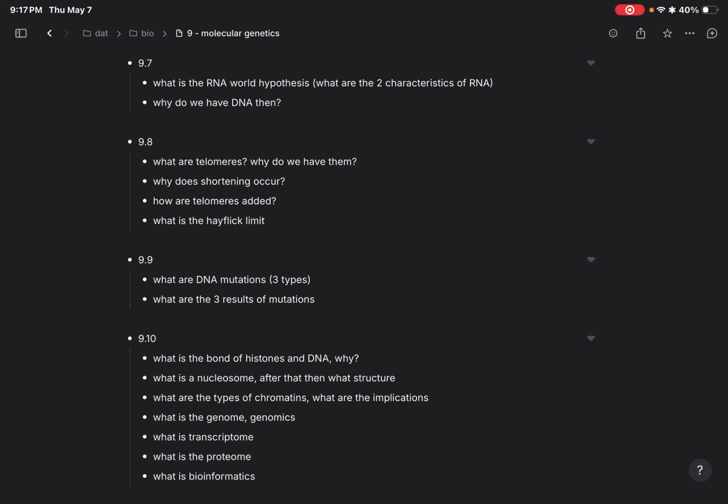Primers are removed, and the gaps can be filled in by DNA polymerase, but not at the very ends of the DNA.